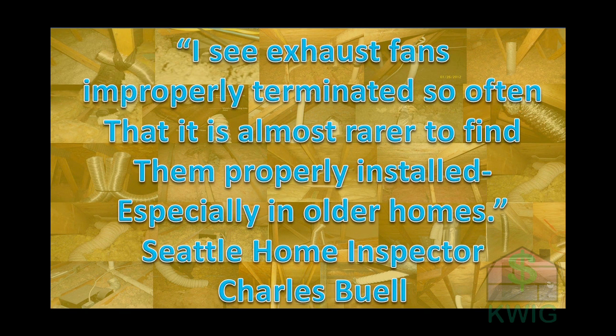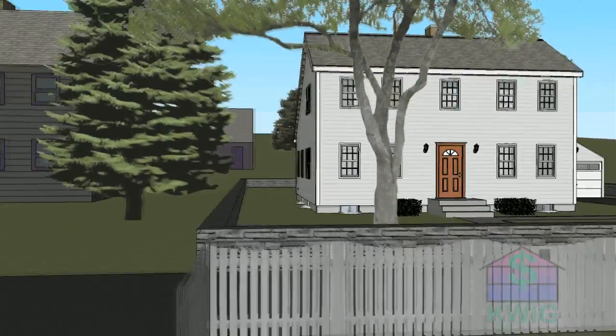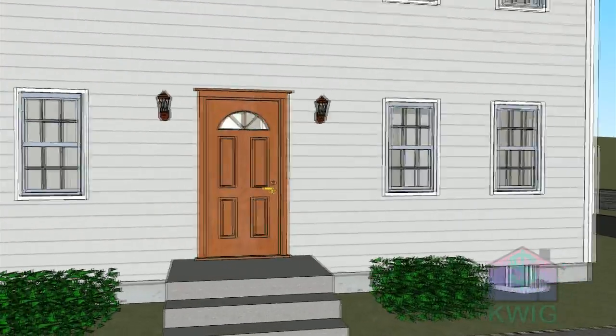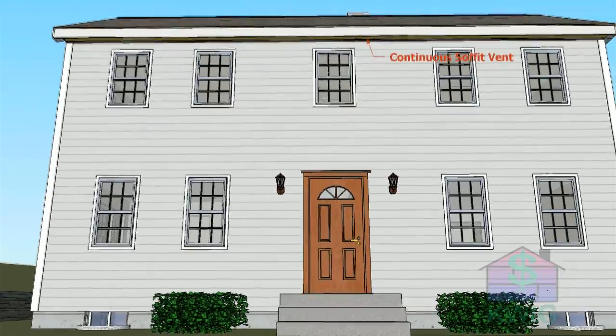Almost all of the images you see here were gathered by home inspectors who see it all the time. How much would you be willing to bet that your bathroom fan vent is installed correctly? Do not be talked into venting it out through the soffit vents. These are the vents found on the underside of the roof overhang.